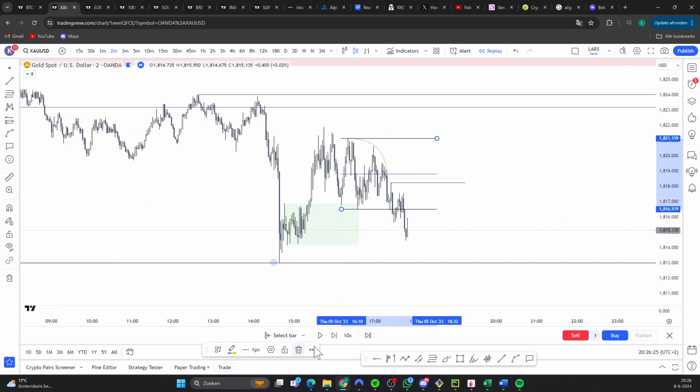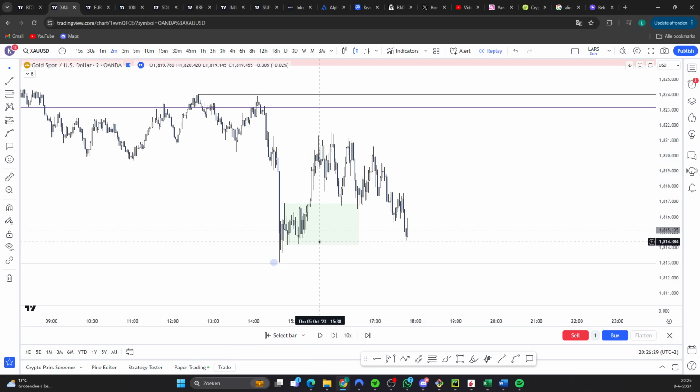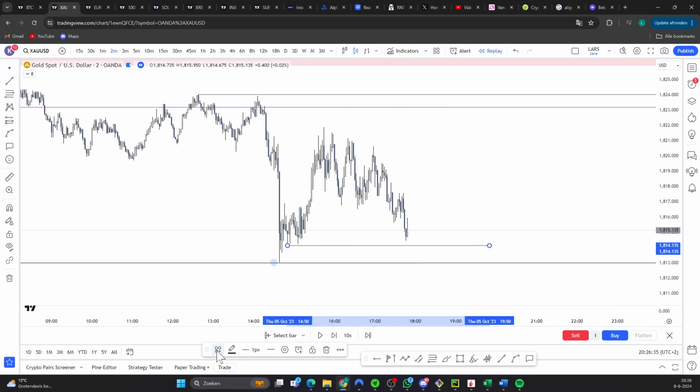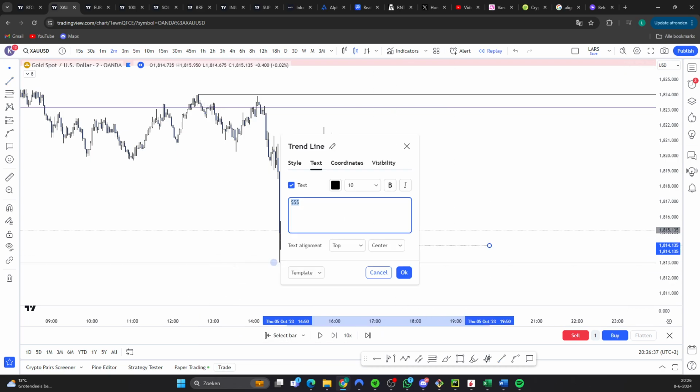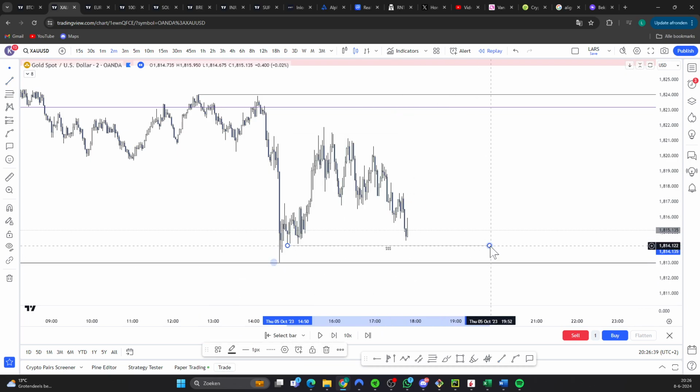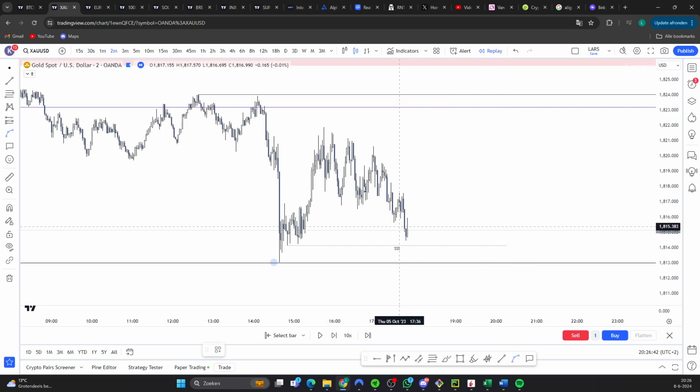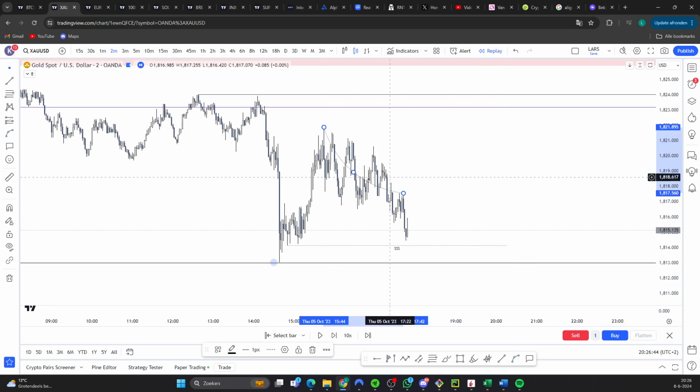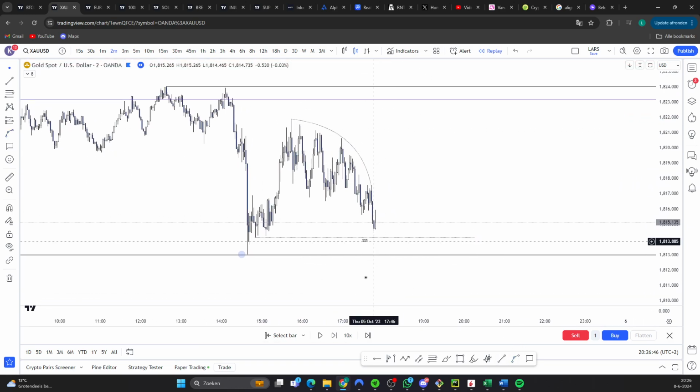No, it respected supply and went lower. Maybe it wants to grab all this liquidity. The way it's coming down here is leaving loads and loads of liquidity.